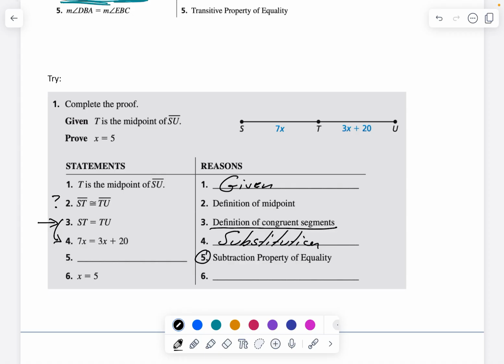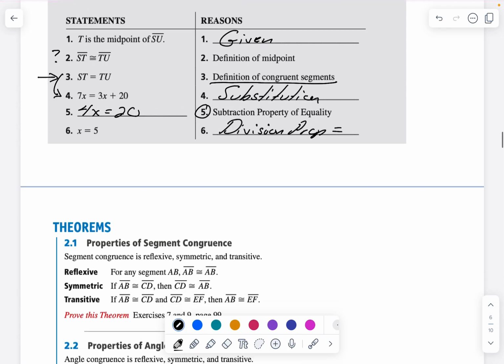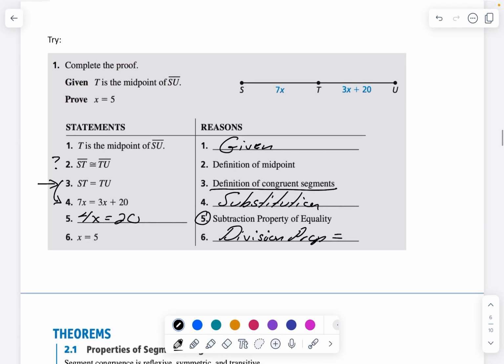If we subtracted 3x from both sides, we would end up with 4x equals 20. And then finally, to go from 5 to 6, we would use that division property of equality.